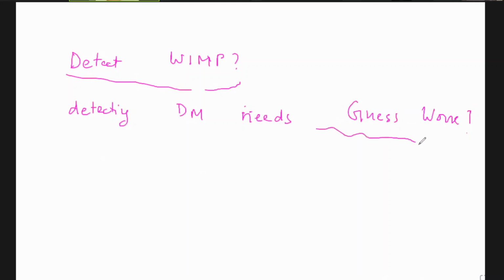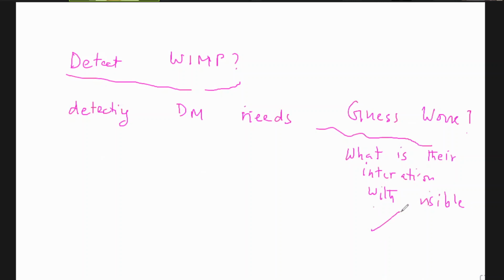What is guesswork? That what is their interaction with us, with the visible.